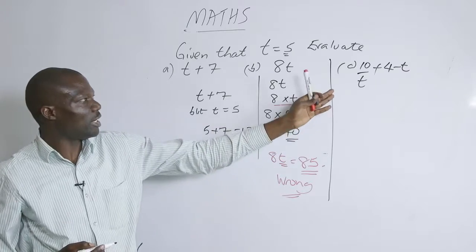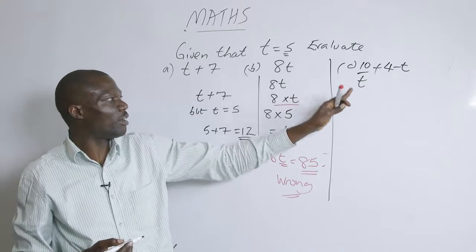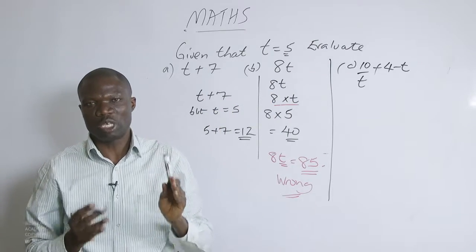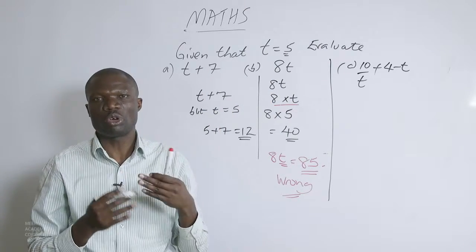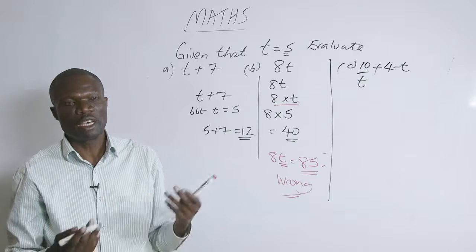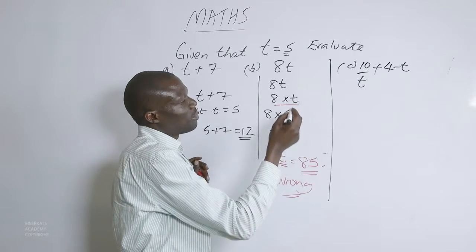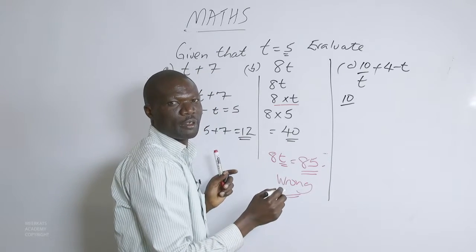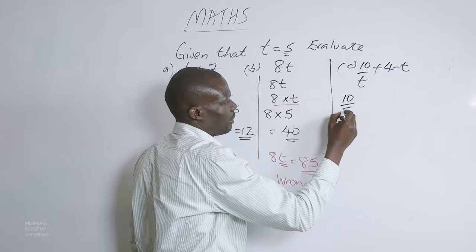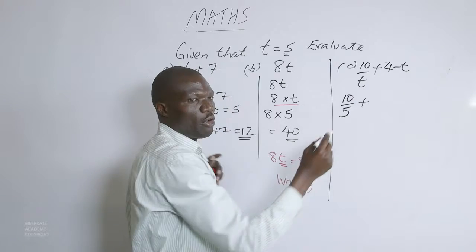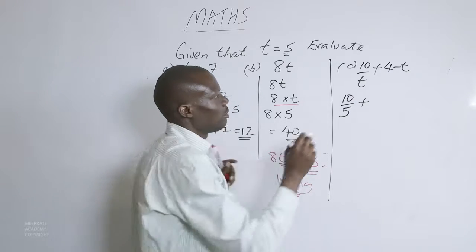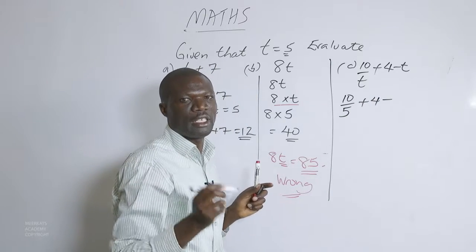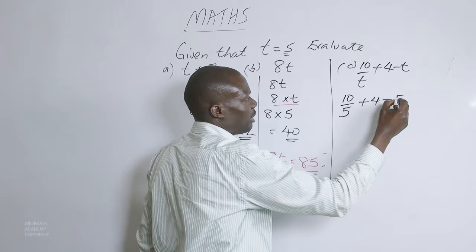On the last one here, we have 10 over t plus 4 minus t. But remember, t is equivalent to 5, so we do the substitution first and then proceed. Rewriting as we substitute, it is 10 over t, but t is what? t is 5. So we put a 5, plus 4. 4 is a constant, we maintain it. We have a 4, then minus t. t is 5, so we bring in 5 there.